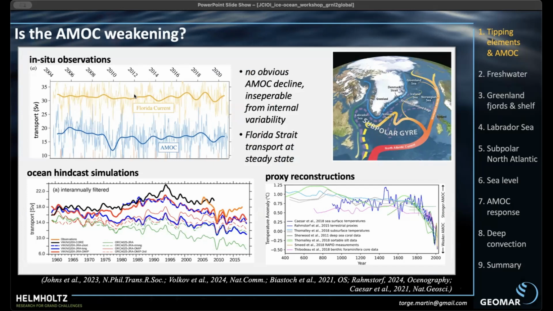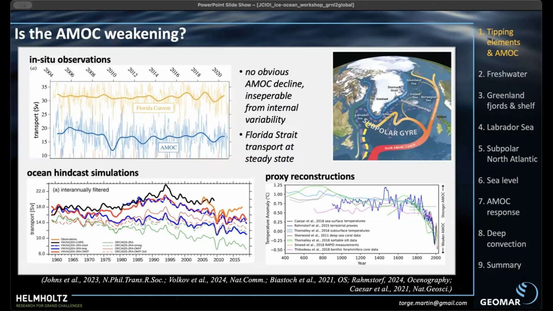It's quite an impressive record already, covering in situ observations in the same place for 20 years. At the last EGU conference, there were competing presentations saying there's no change in the Florida Strait current, or there's a slight decline, but it might not be significant.